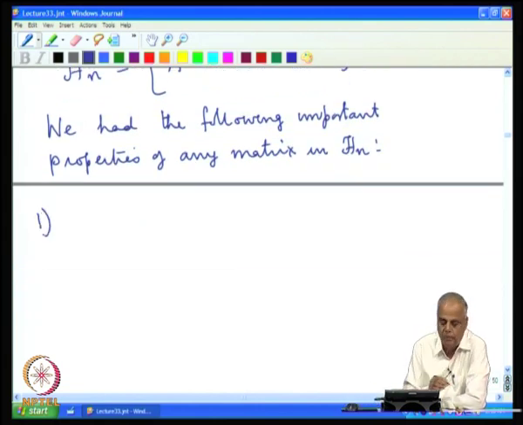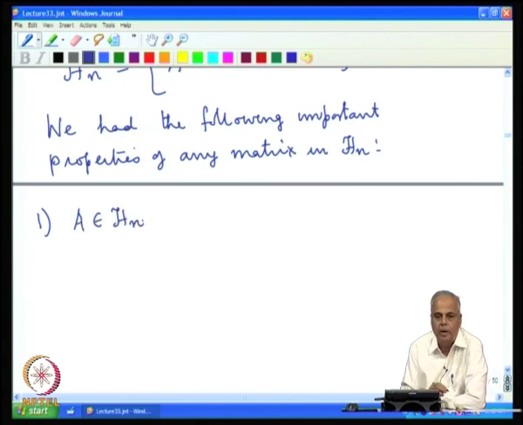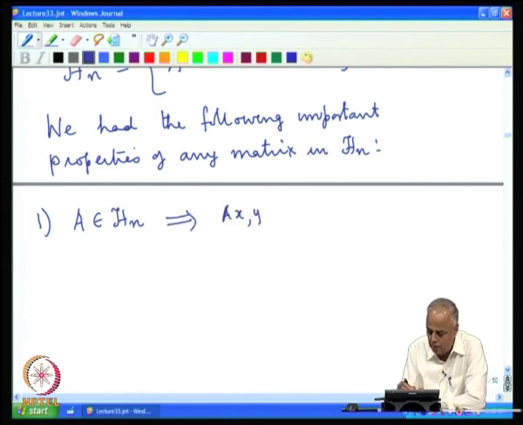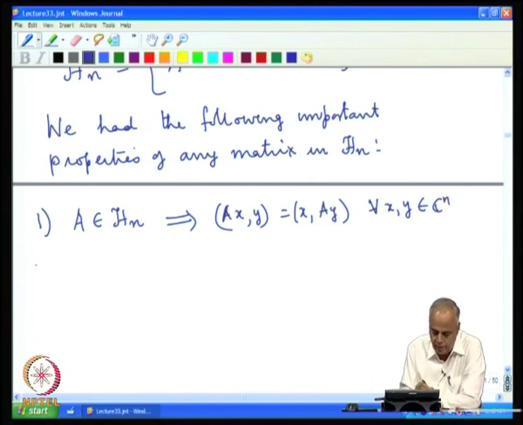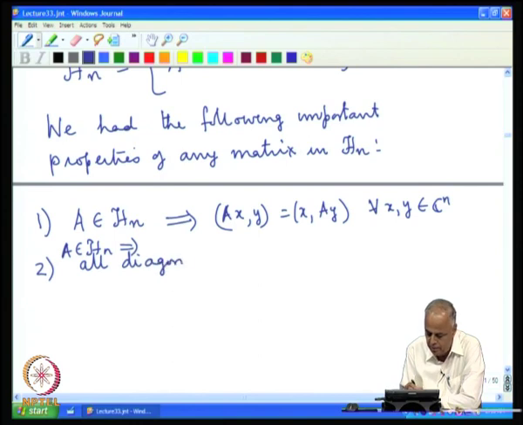The first property was that A belongs to Hn, that is, A is a Hermitian matrix, implies Ax comma y is equal to x comma Ay for every x, y in Cn. Then we observed that A belongs to Hn implies all diagonal entries of A must be real.